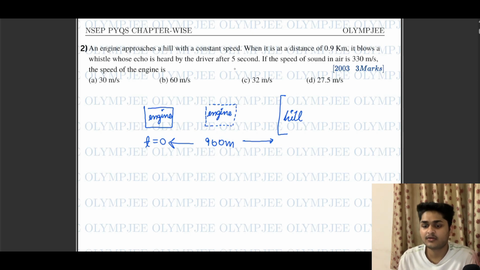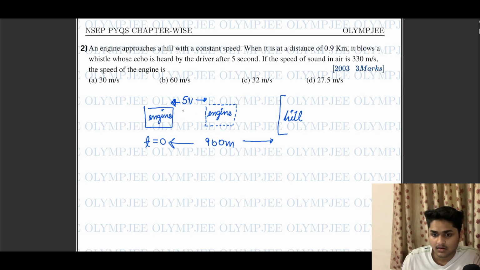Since the engine has constant speed, we can assume the distance traveled as 5 into velocity of engine. And the sound has traveled this much.